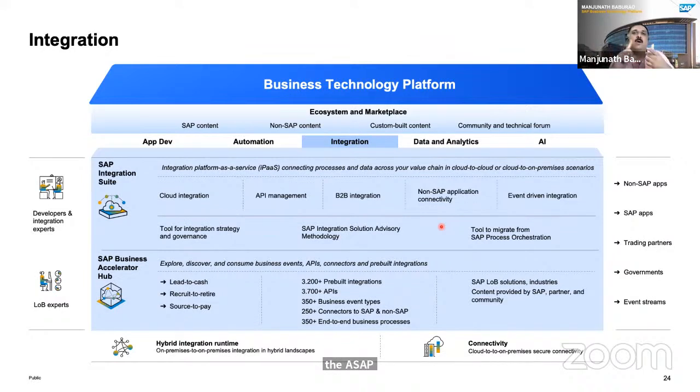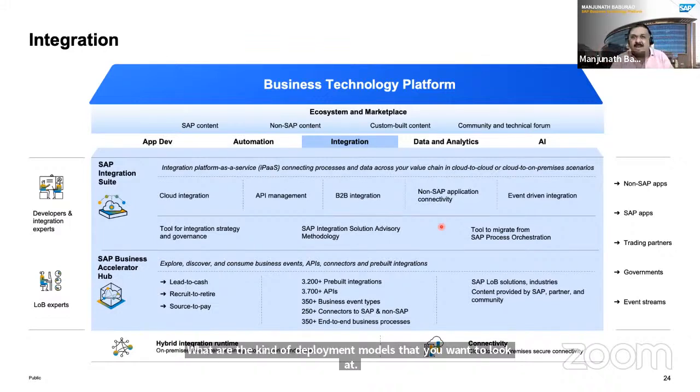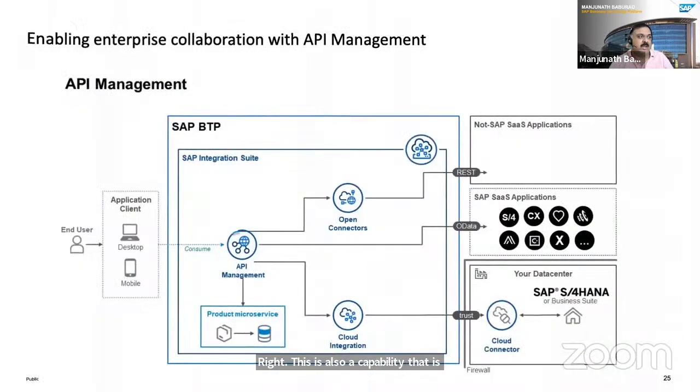There you can look at what are the exact integration needs that you have, what are the common use cases that you need to cater to, what kind of deployment models you want to look at, and arrive at how you can utilize the SAP Integration Suite to the best, what kind of capabilities you will require to have a singular iPaaS, or integration platform as a service, as the foundation middleware for your entire enterprise, right? So this is also a capability that is there in integration. You will get to know more about it also in the deep dive.